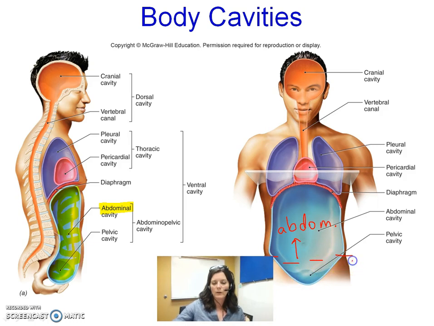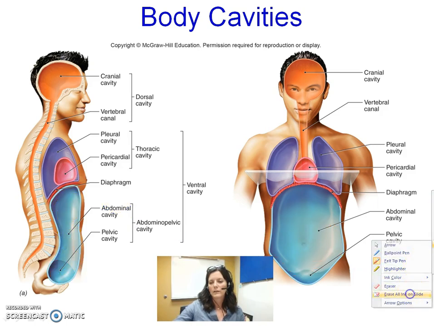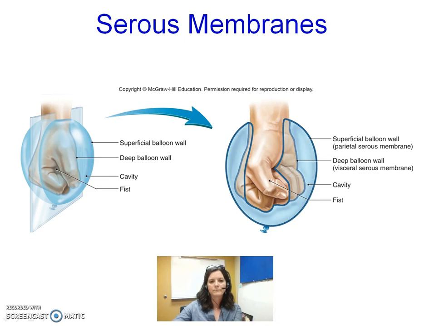And if you look below the border of the hips, and again, this isn't a hard line, this is just an idea, this pelvic cavity, and they show it here, is going to have the bladder, and also if you're a female it would have the ovaries, okay, on either side, and the uterus. So the abdominopelvic cavity as a whole is everything below the diaphragm, but we have this suggested division between abdominal and pelvic, which is bordered by the hips. So let me get rid of all of this and let's keep going.